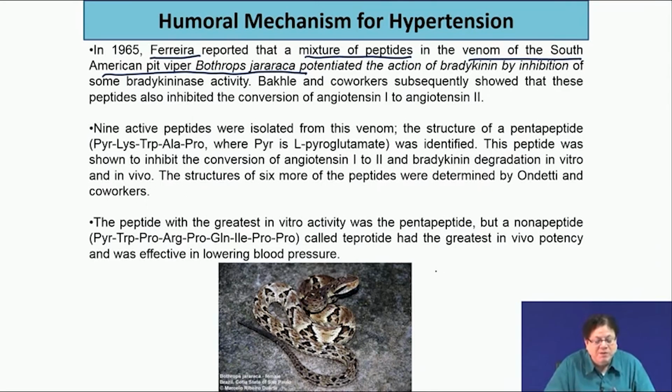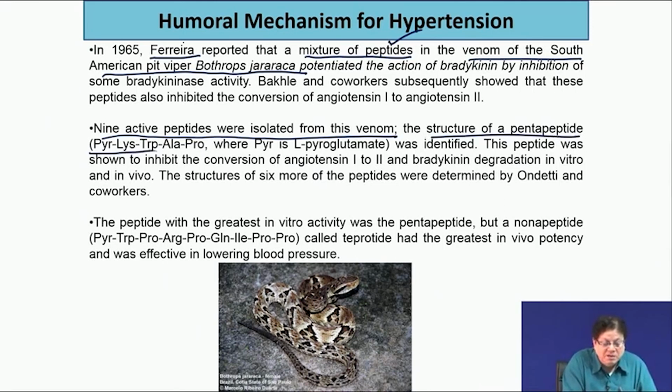From the snake venom, this person isolated a mixture of peptides, and they found actually how many peptides? 9 active peptides were isolated from this venom, and out of these, the structure of a pentapeptide was determined: PYR, lysine, tryptophan, alanine and proline.